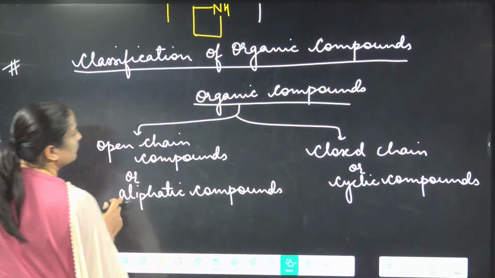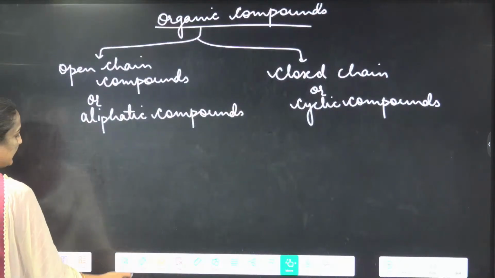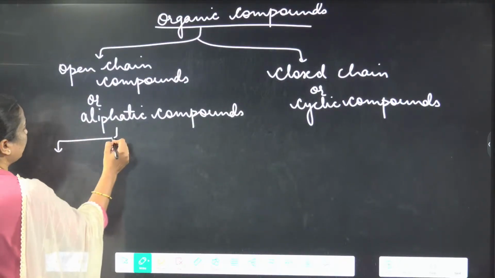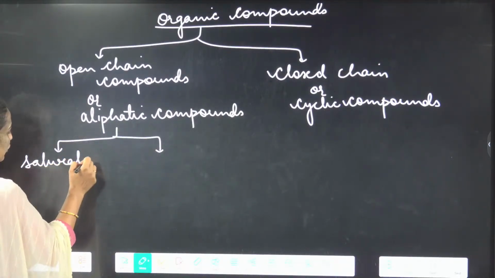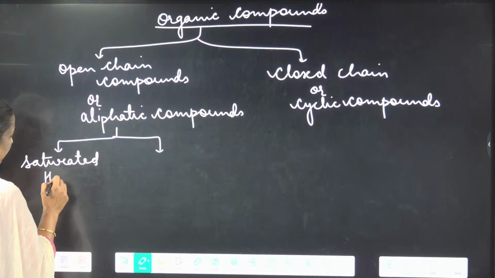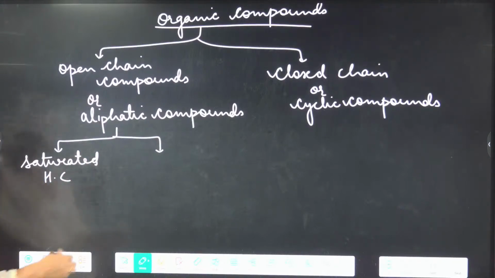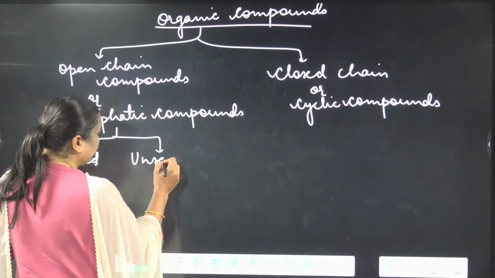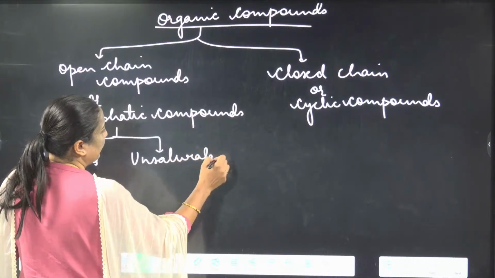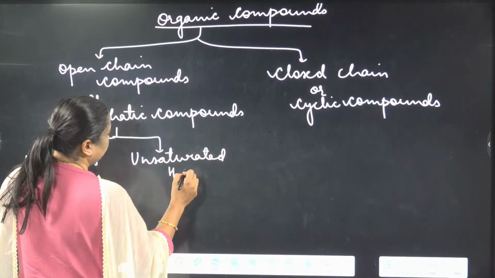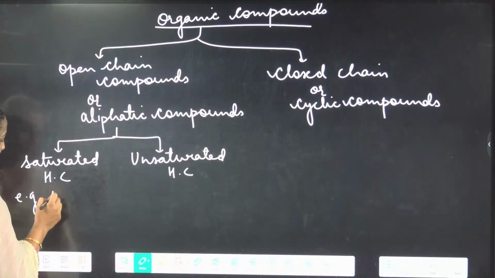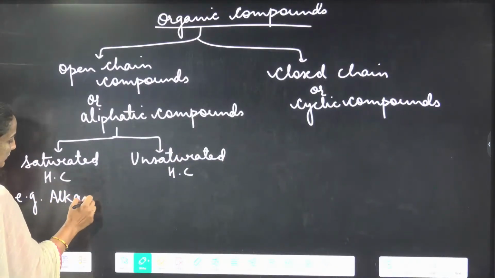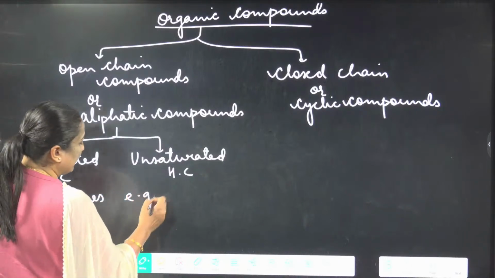These aliphatic compounds are basically categorized into two: saturated hydrocarbon, HC I am writing for hydrocarbon, and unsaturated hydrocarbon.